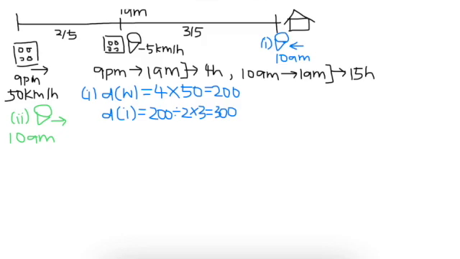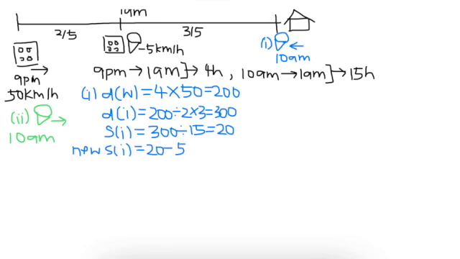Then the speed of the ice cream will be 300 divided by the time taken, which we just explained is 15, and this gives us 20 kilometers per hour. Then the new speed of I will be 20 minus 5, which gives us 15.